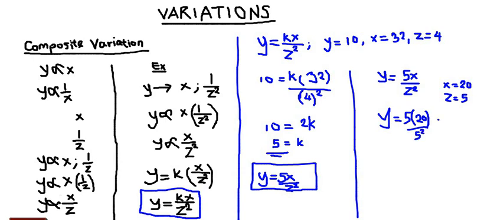So that will give us 5 times 20, that's 100, 100 over 5, which means y will be 4. So when x is 20 and z is 5, y will be 4.